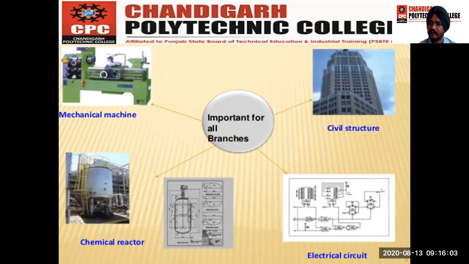The civil engineer makes a map of a building and then completes the building with the help of the map. Then the chemical reactors, the size of the chemical reactor, their height, their width are all mentioned in the drawing sheet. Then electrical circuit, how to connect one wire to another wire, we can easily understand with the help of engineering drawing.